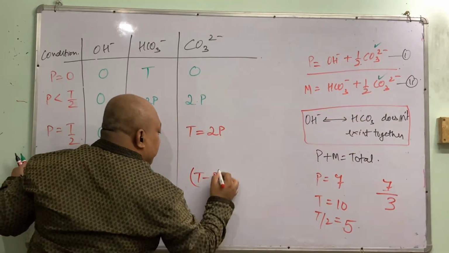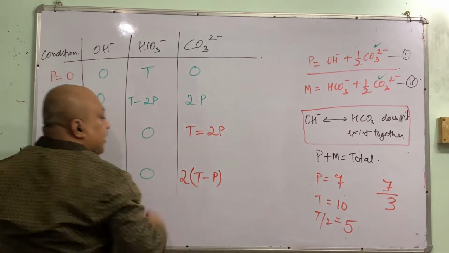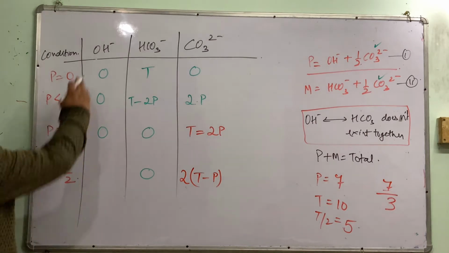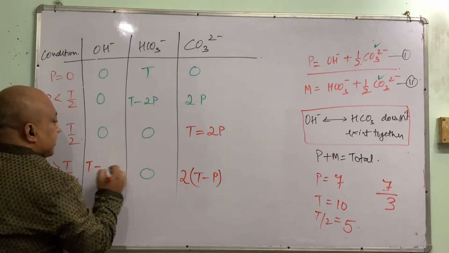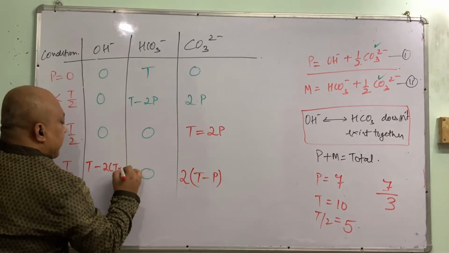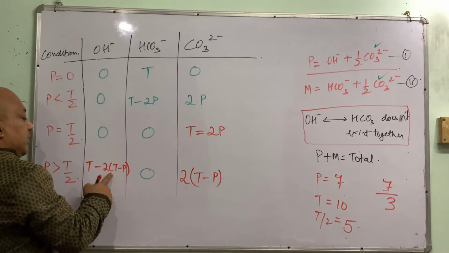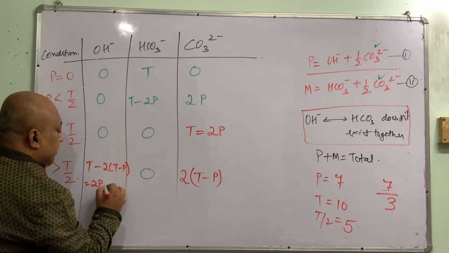So total carbonate is twice T minus P. What about OH? OH is the last one: T minus whatever carbonate is there, twice T minus P. That is T minus 2T plus 2P, so it's equal to 2P minus T.